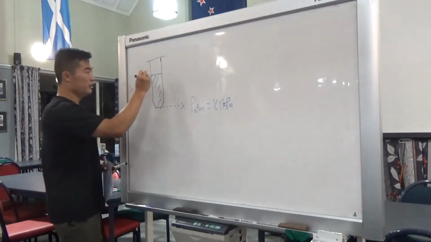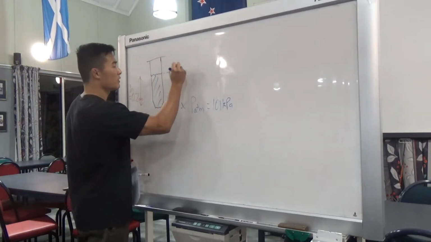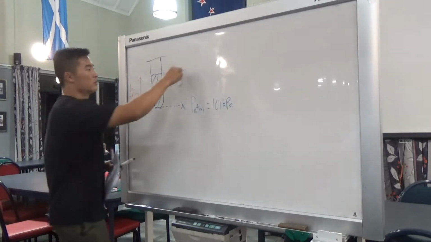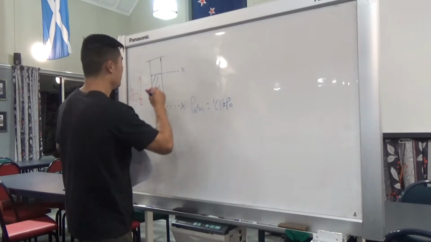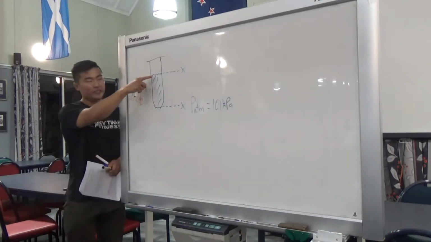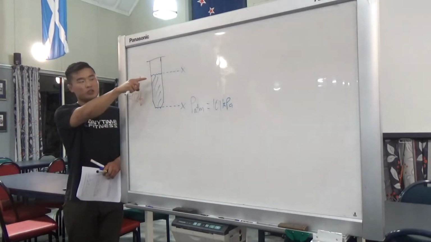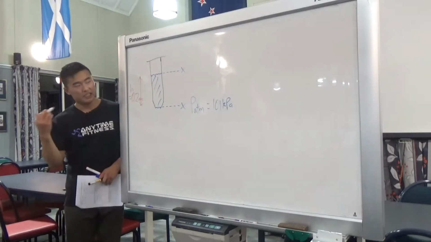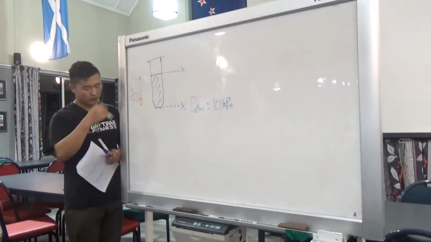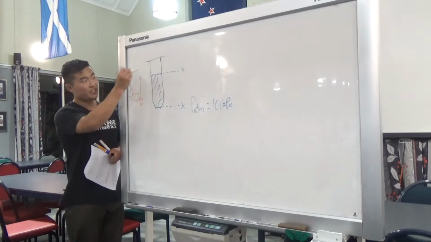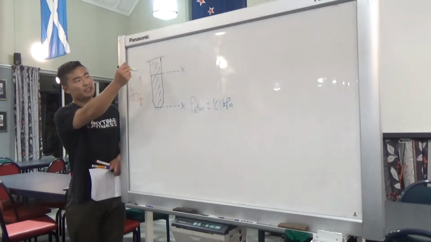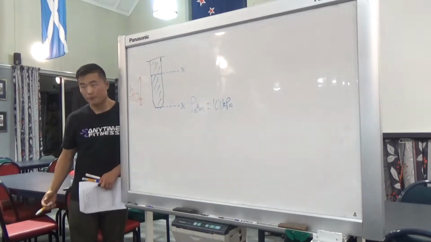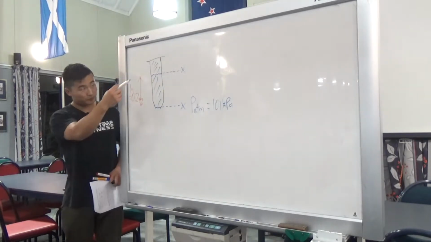Okay, and at the top, so at the surface, at the top of the water column, the pressure will be equal to the pressure of the gas inside this air bubble here, or this space.